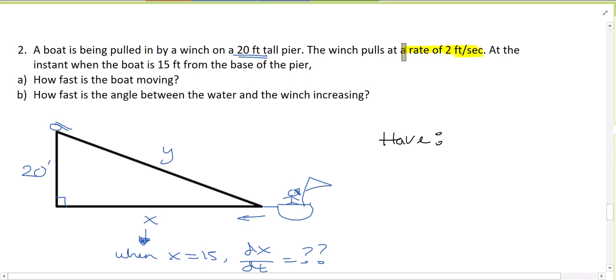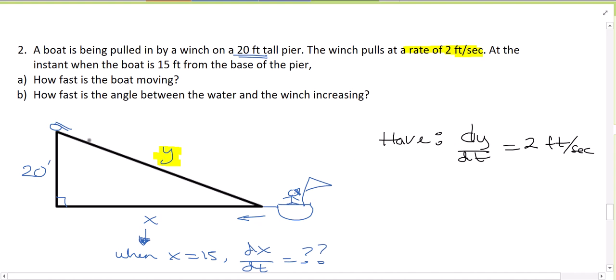As the winch pulls at a rate of 2 feet per second, that is the distance y. That distance is changing at a rate of 2 feet per second. So we have dy dt is 2 feet per second. And this is why variables are really important to go with your picture, because then you know what your d whats are.